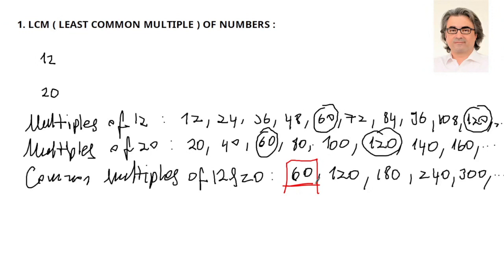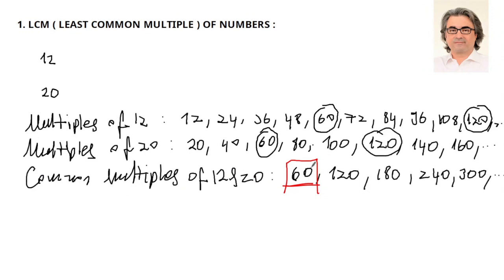Of course, our numbers may be more than two numbers. Now we need at least two numbers to speak about the least common multiple and the greatest common divisor. Okay, now I used here two numbers. What is the common property of common multiples of 12 and 20 here?